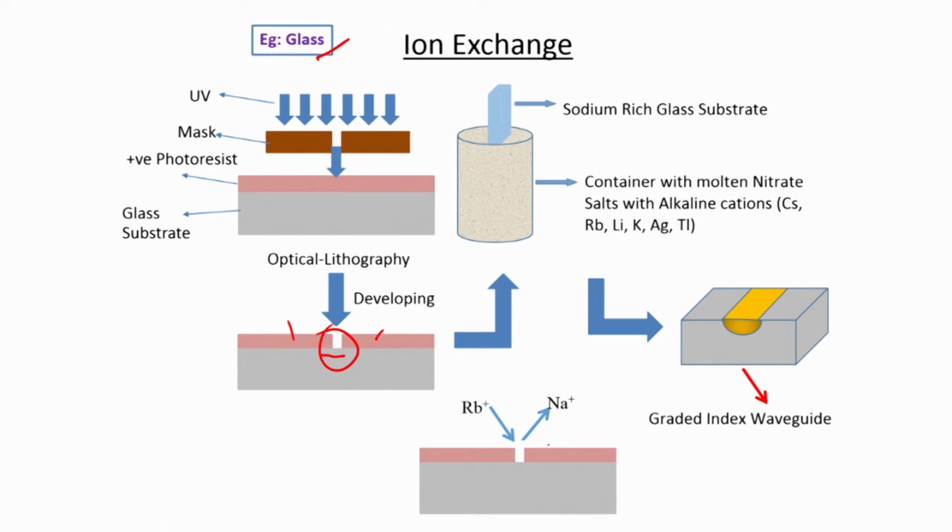You place the entire wafer into the melt and allow it to diffuse. So, in this specific case the sodium ions of the glass can diffuse out, and rubidium or silver ions can diffuse into the glass. So, this is called an ion exchange process.